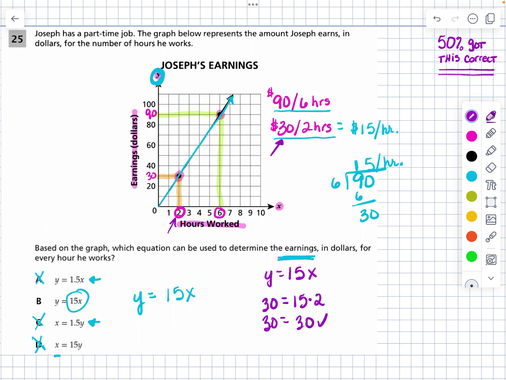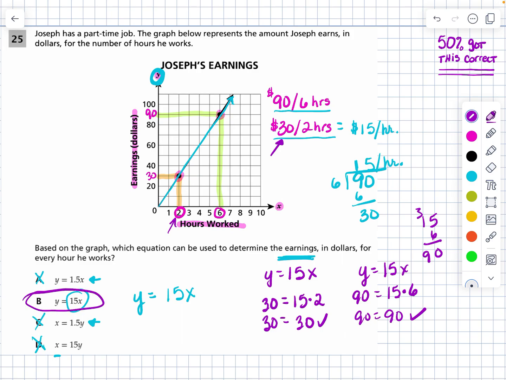If these answers had been different, then we would know we made a mistake. Let's go ahead and check it on the other one. 90 is equal to 15 times 6. And again, 15 times 6 is 90. 90 equals 90 is a true statement. So those things work, so your answer is B.